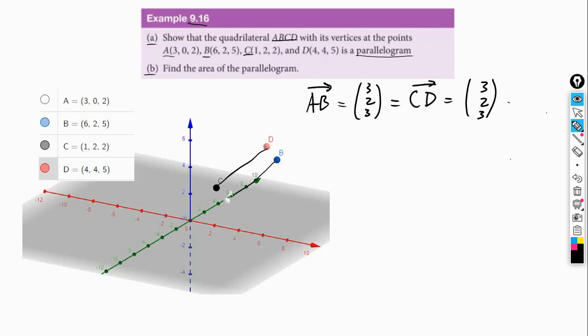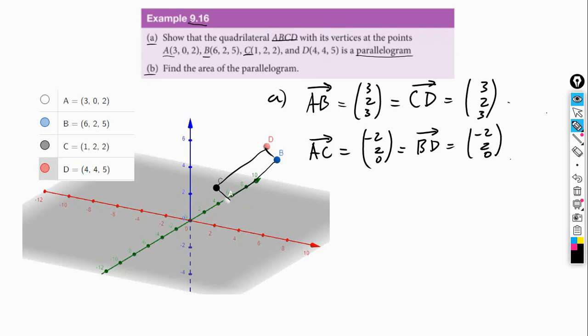Now, let's see if AC over here, and DB are parallel. So vector AC is going to be -2, 2, and 0, and this should equal vector BD, which we can see is in effect -2, 2, and 0. So we have proven part A.